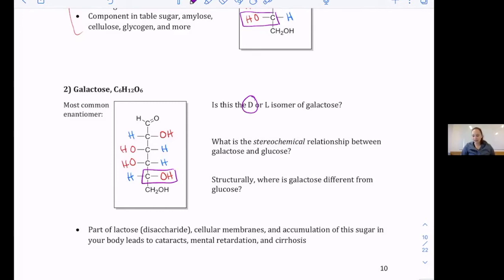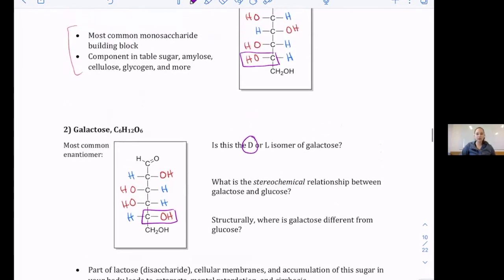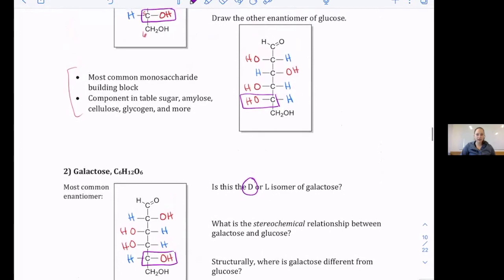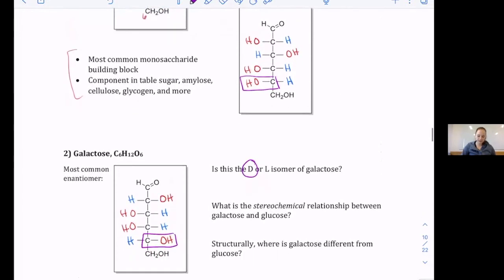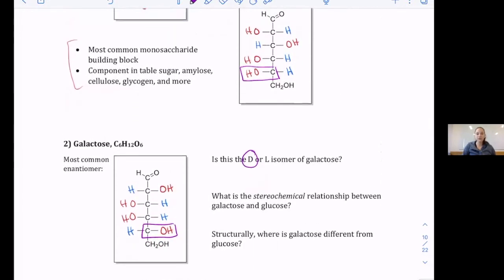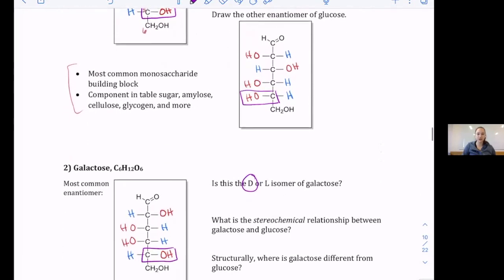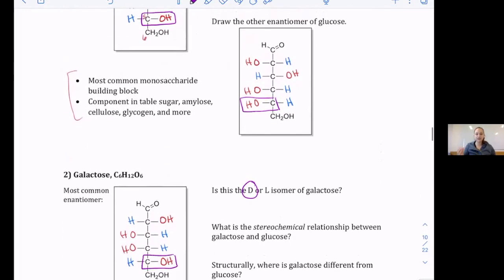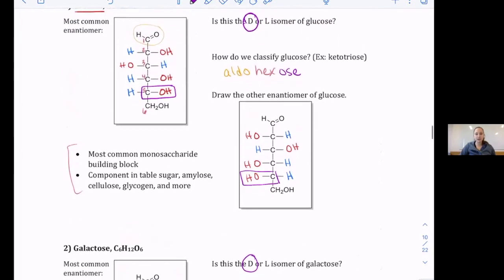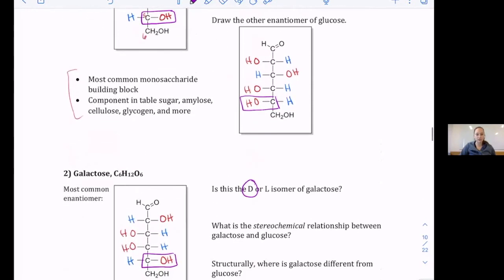What is the stereochemical relationship between galactose and glucose? Now we're going to compare the first box from glucose to the first box in galactose. So looking at the same enantiomer, what is the difference? Well, the difference is carbon number 4.